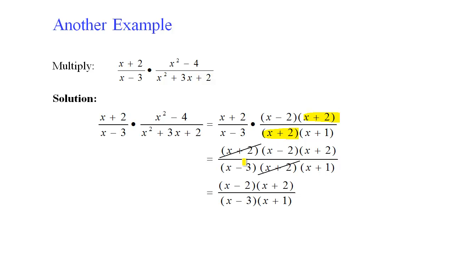Now in this step down here, because this is multiplication, they combined everything and they just put all 3 of those pieces on top and all 3 of the other pieces on the bottom, and then they ended up canceling those 2, but it doesn't really matter, right? The same thing, right? You cancel those 2 or those 2, you're going to get the same result in the end. And again, you'll notice that they left the answer factored.